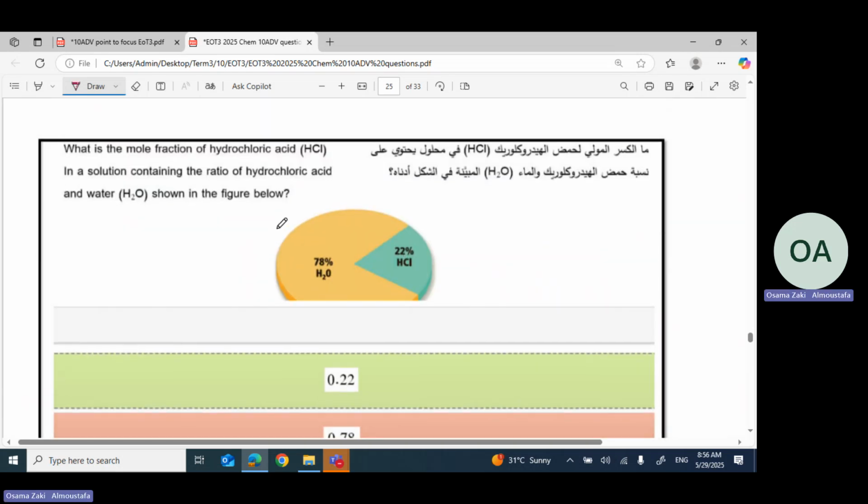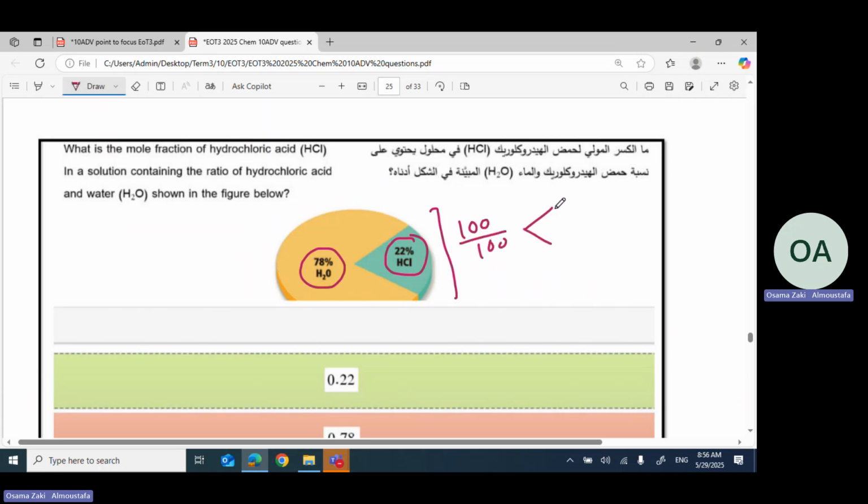Here, for example, look at this question. What did they say? Here we have 22% of what? Of HCl and 78% of what? Of H2O. What does it mean? The total is 100%.